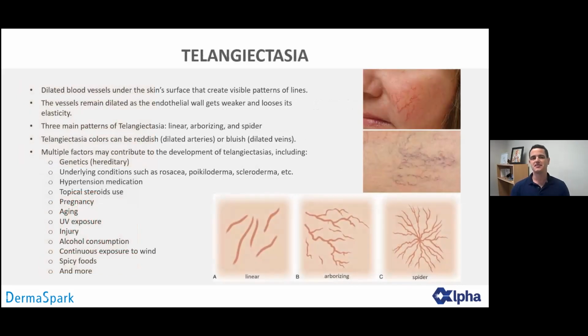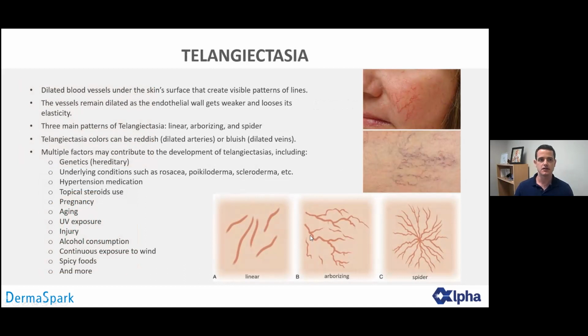Next we have telangiectasia. It took me a while to learn how to say the word telangiectasia, but now I know. So telangiectasia, or as many people refer to it, broken capillaries, spider veins, you name it, these are dilated blood vessels under the skin surface that create those famous visible patterns of lines that we can see here in all the different pictures.